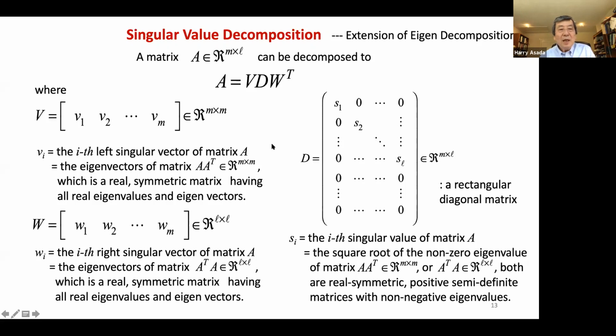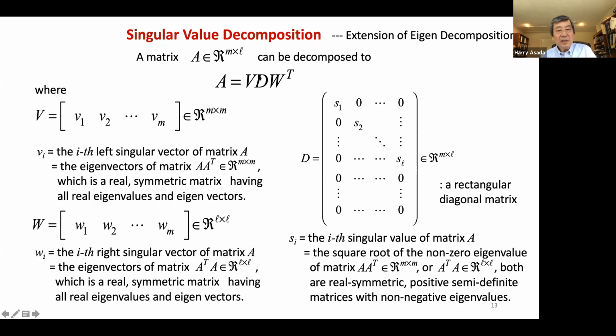This is the extension of eigen decomposition. It doesn't have to be applied to a square matrix, but works for a rectangular matrix A, M by L, let's say. It is factored into V, D, W transpose.